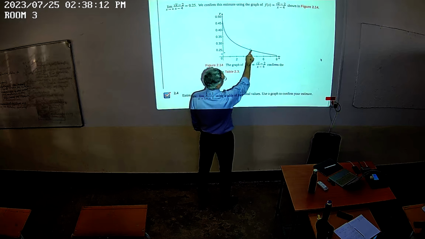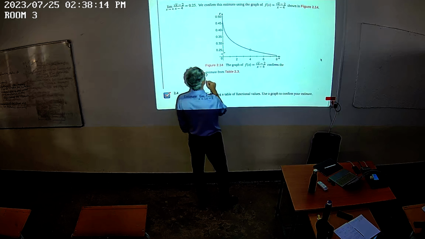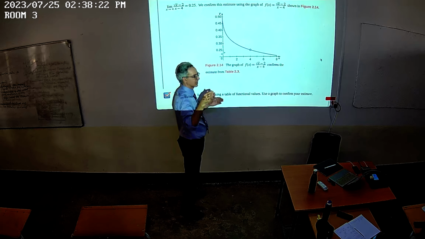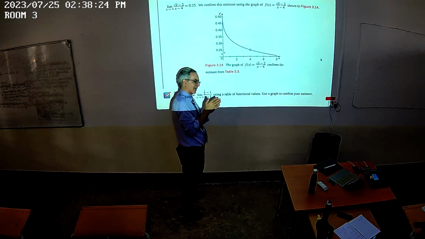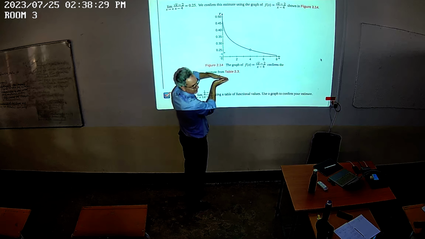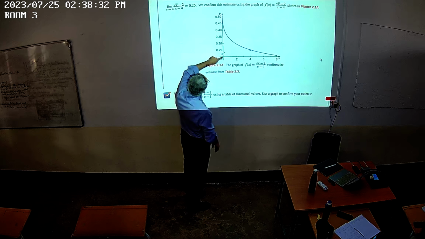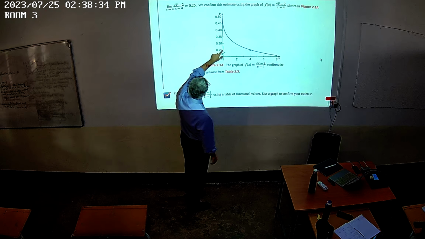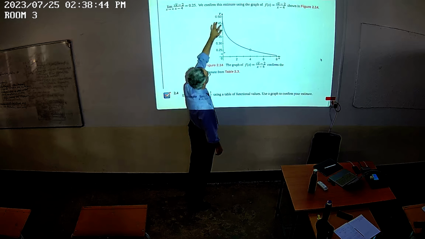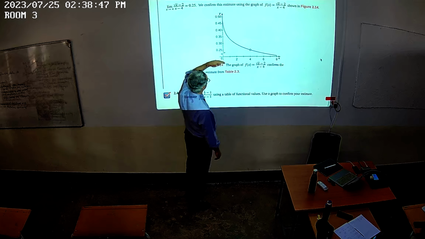Do you know what this is here? This means I'm squishing part of the axis behind. Because from here to here, if this is 0.25, then this should be 0.25 plus 0.25, so this should be 0.5, and then 0.75, and 1, and 1.25, that's how it should be normally.